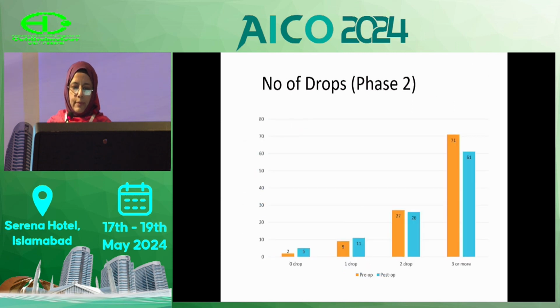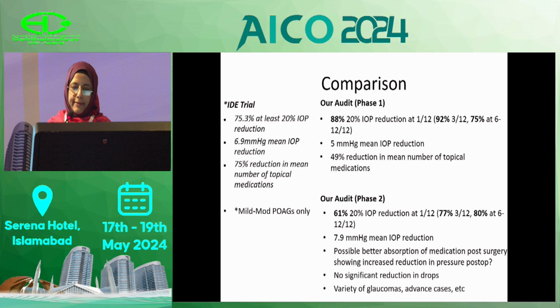These are the drops. So coming to that interesting point where we saw that the reduction in pressure showed an increased trend in phase 2. And the phase 2 patients were mostly done by myself.